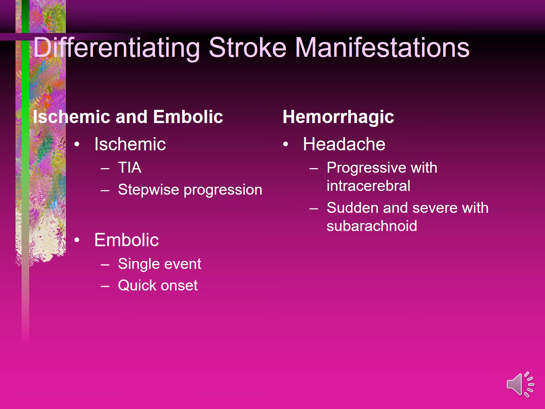We've already talked pretty much about the way the ischemic stroke versus the embolic stroke presents itself, and how the ischemic stroke may have warning signs with a TIA and progresses a little bit slower, whereas the embolic stroke or the hemorrhagic stroke will be much quicker onset and not a lot of warning signs.